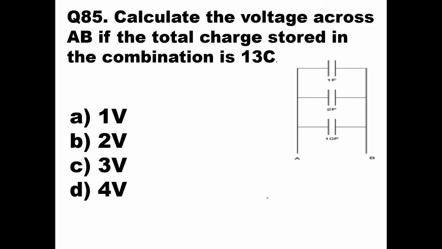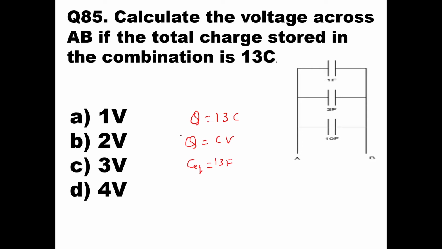Calculate the voltage across AB if the total charge stored in the combination is 13C. Here it has been told that total charge Q is equal to 13C, and we know that Q is equal to CV. Now we have the equivalent capacitance C equivalent equal to 13F.